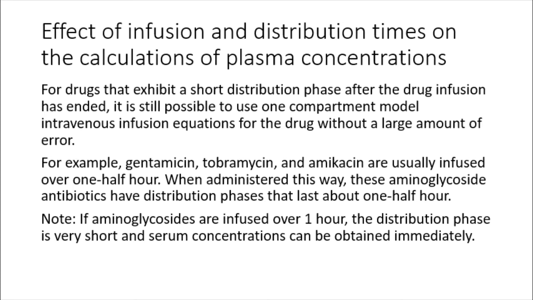Their distribution time usually takes around half an hour, and normally they are given as an infusion over half an hour. If they are infused over 1 hour, then the distribution phase is very short and embedded within the infusion time. So there is no need to consider a time for the distribution since it was already considered within the infusion time.